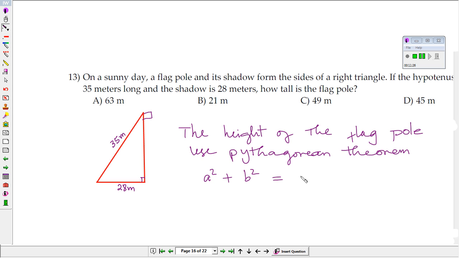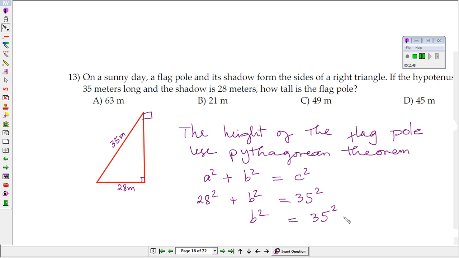We have a squared plus b squared equals c squared. We substitute our a for 28, b we do not know, and substitute our c for 35 squared.